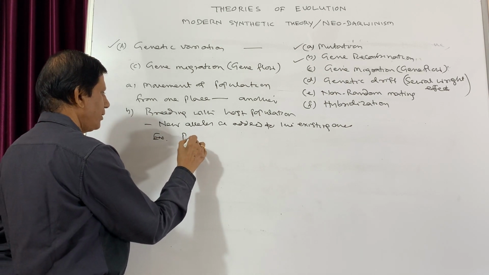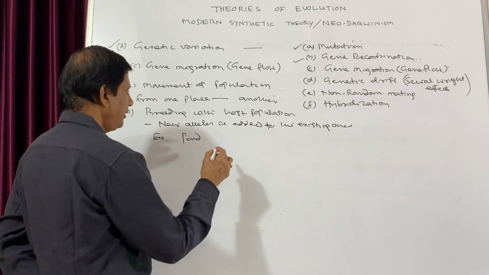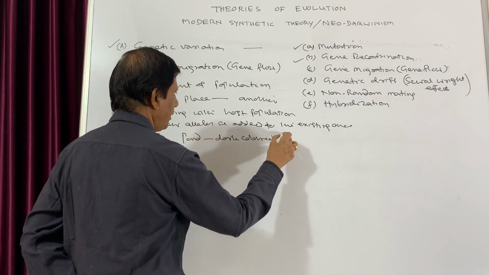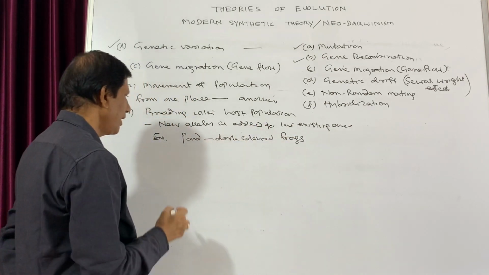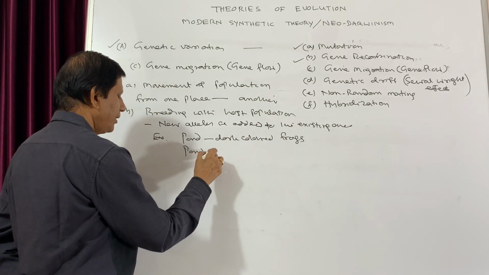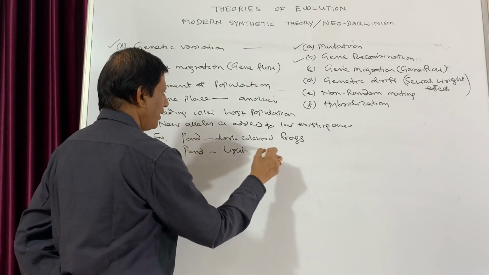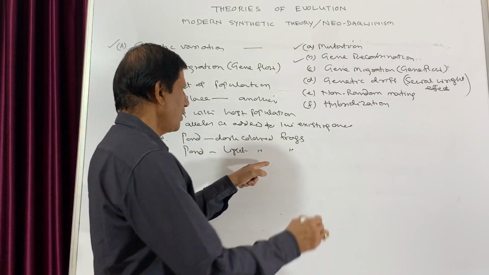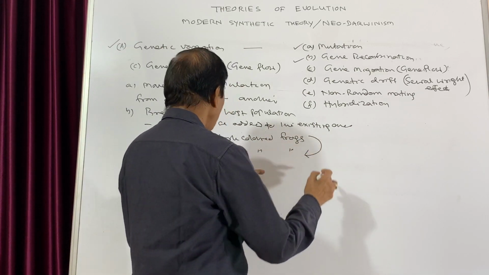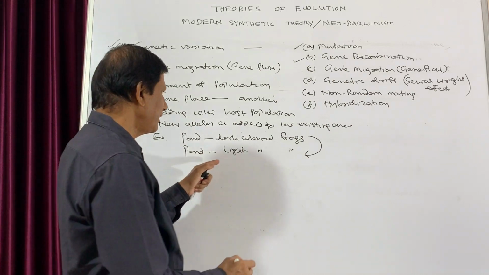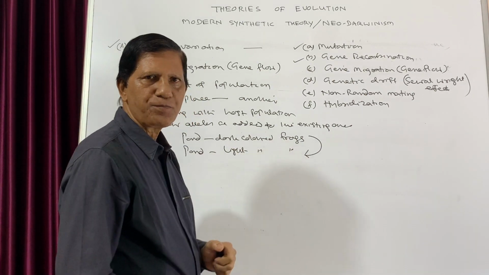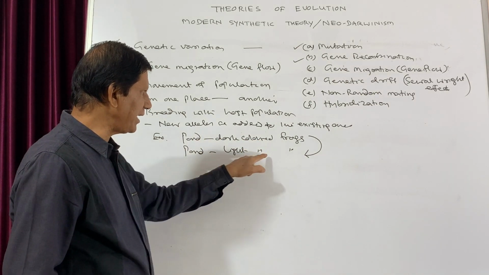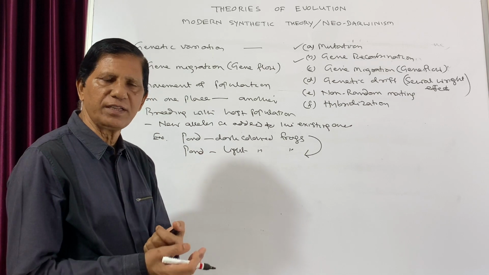Now, let us take one example. Suppose in a pond, there are dark colored frogs. In another pond, there are light colored frogs. Now suppose the dark colored frogs will migrate to the other pond where there are light colored frogs, and they will breed with them.